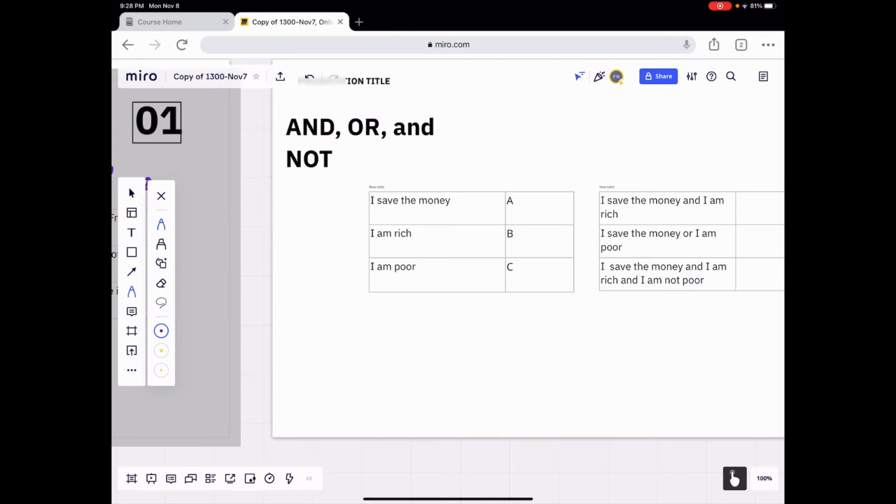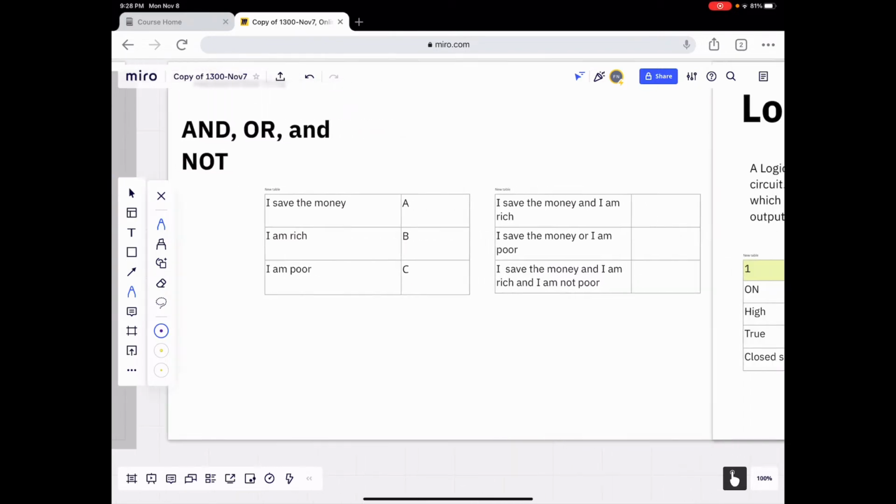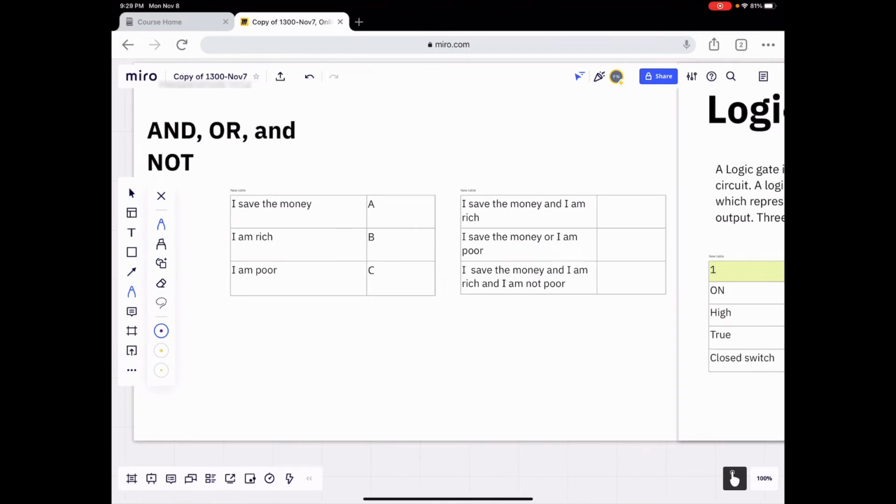So if you want to write the Boolean algebra expression here, you say I save the money and I am rich. I save the money is A, so I write out A. Now the word and is multiplication. The word and represents multiplication. So I write out A times B.